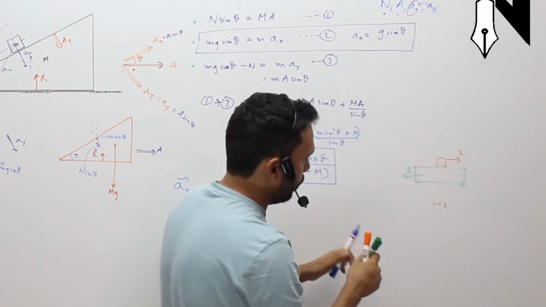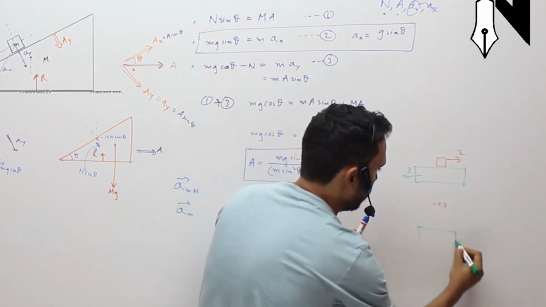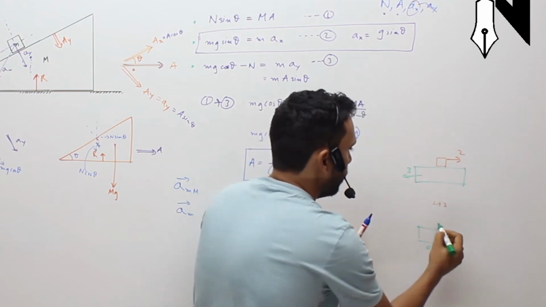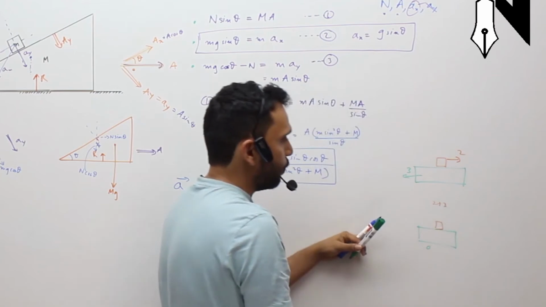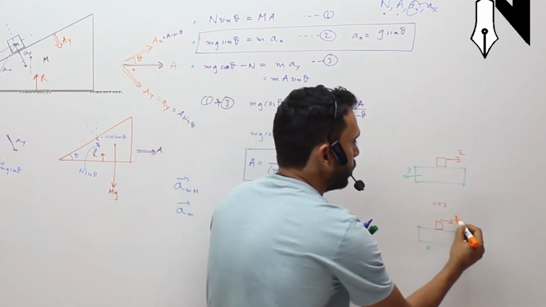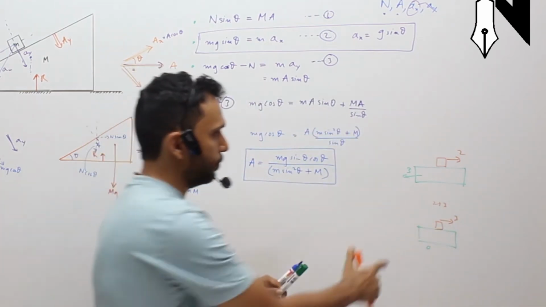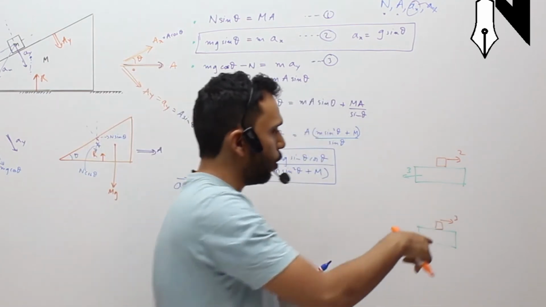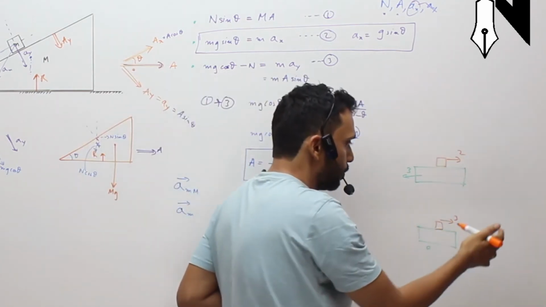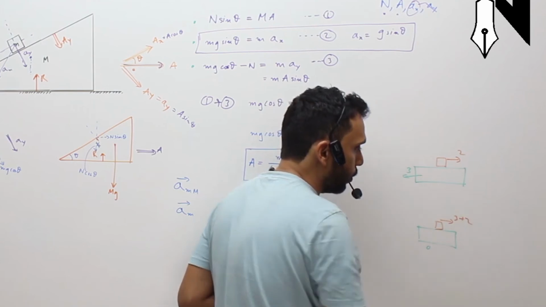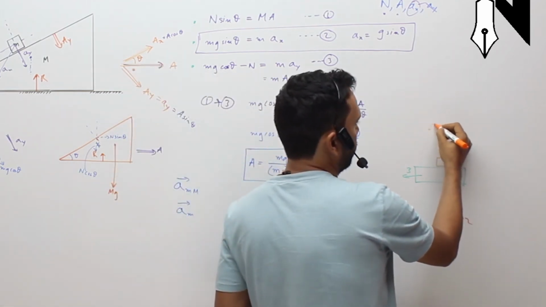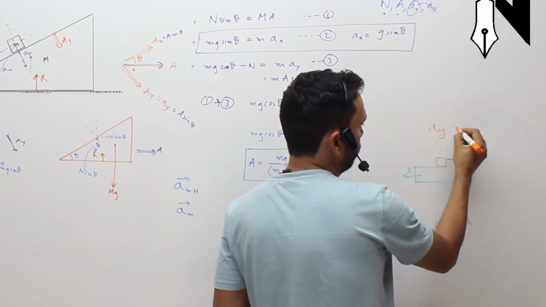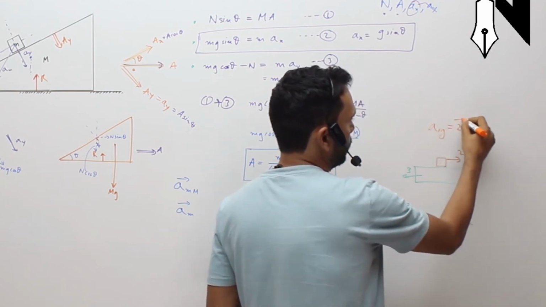So in the frame in which the green block is stationary, and the orange block was on top of it, it will feel as if the orange block was going forward with 3, but the orange block is already going forward with 2 with respect to ground. So that is added on this, and hence the acceleration of the orange block with respect to the green block will be 2 plus 3.